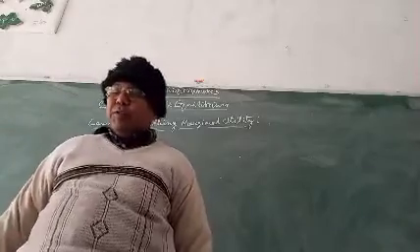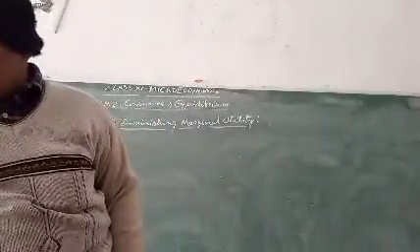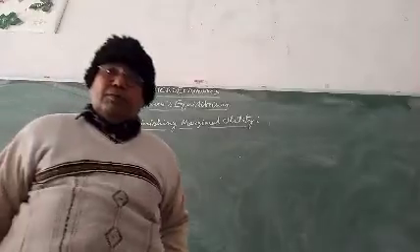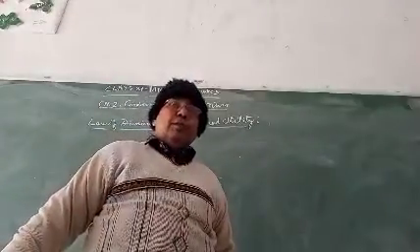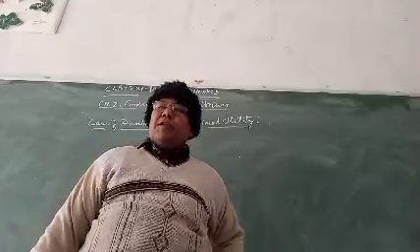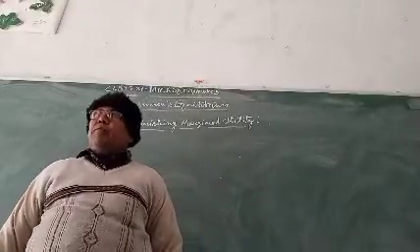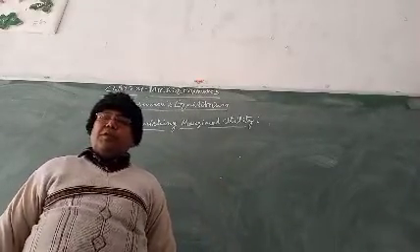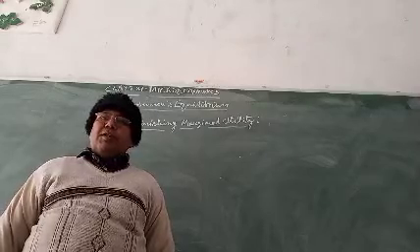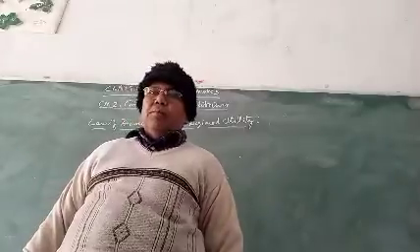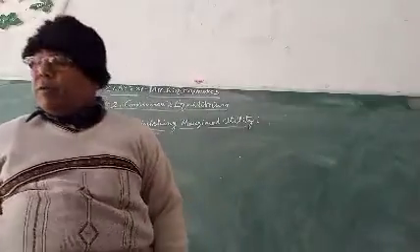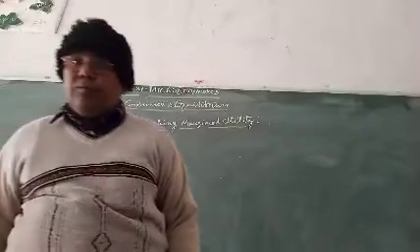What are these assumptions? Number one, cardinal measurement of utility. You have to assume that while considering the law of diminishing marginal utility, you will measure utility in terms of cardinal measurement. Second, a standard unit of measurement.